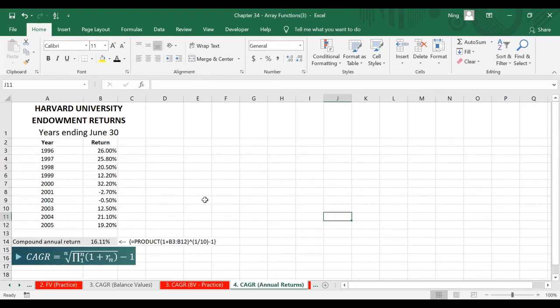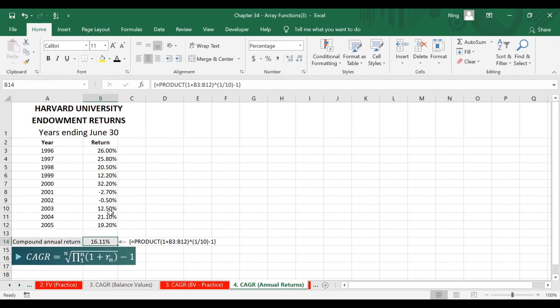Next, let's look at how you use the short way to compute CAGR. The short way involves simply obtaining those yearly returns from their report together with the array formula. Then you can compute CAGR very quickly. So the formula to compute CAGR in this case is this one. You will use 1 plus R, which is the yearly return.